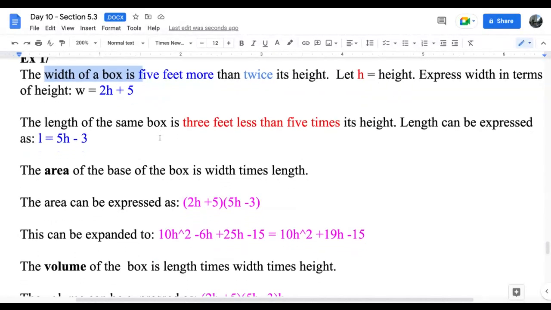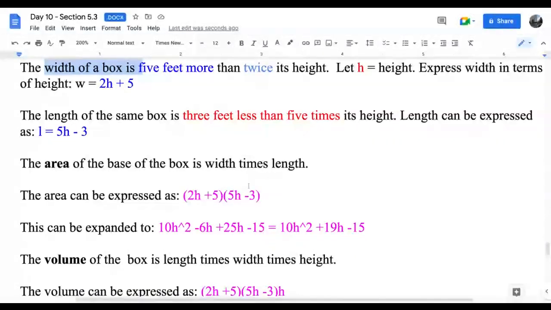The area of the base of the box is width times length, right? The area can be expressed as width, which is 2h plus 5, times its length, 5h minus 3. If we want to expand, we do 2h times 5h, we get 10h squared.